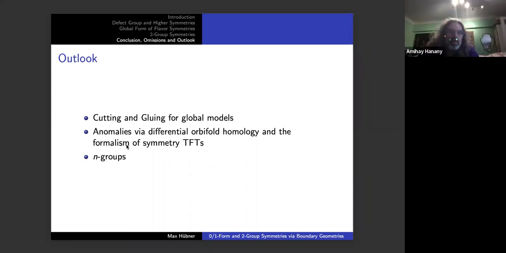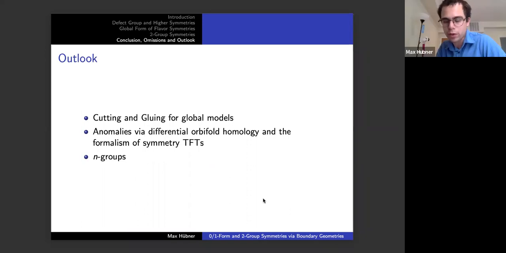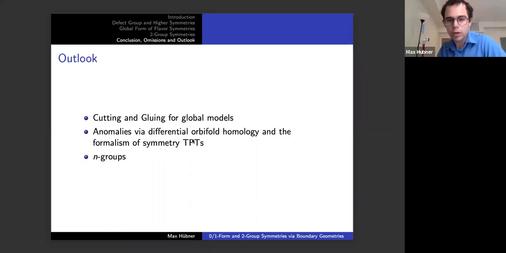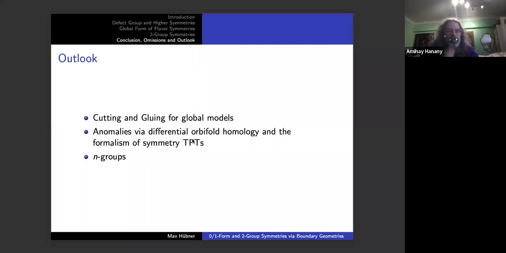I see. But you do have it for A and D. Yeah, so for A, they're going to descend to D6 planes, and for D, it's going to be D6 planes plus orientifolds. And for E, only in M theory. Okay. Thanks for the question.